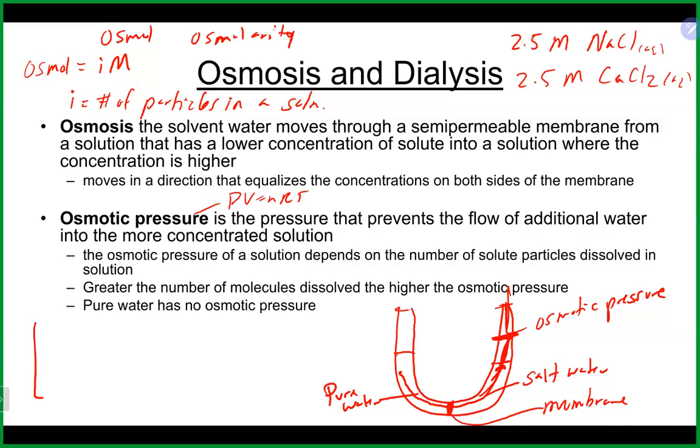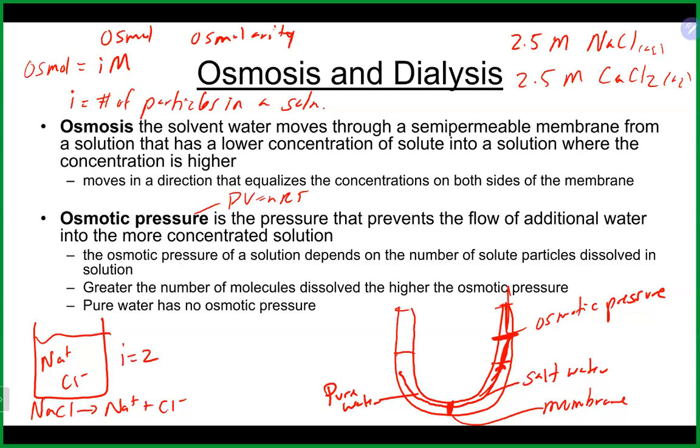When I take something like sodium chloride for a swim, it breaks apart into a sodium ion and a chloride ion, which means basically two ions per sodium chloride unit that you throw in there. That means in this case, i would equal 2. It is as simple as that.